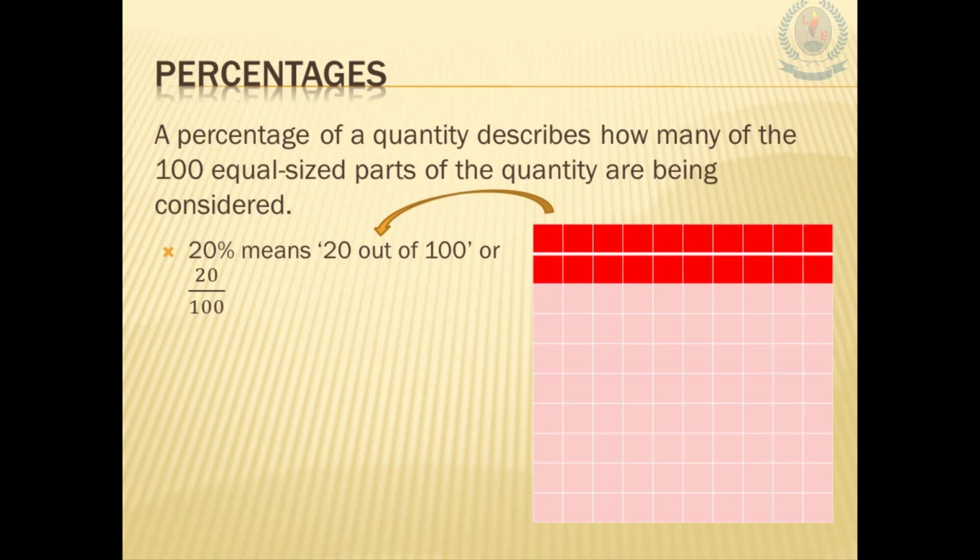So you know 20% means 20 out of 100. Then you can tell 30% means 30 out of 100.